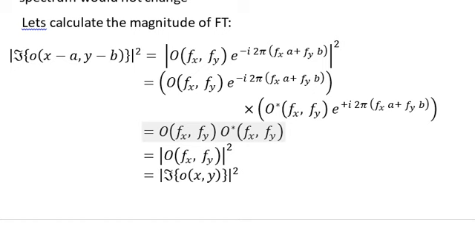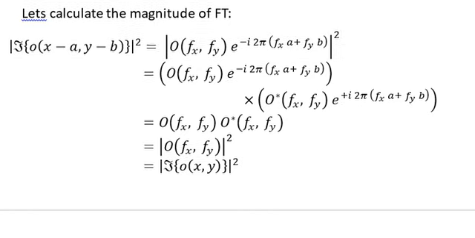So the shifted and the unshifted object have the same absolute values of the Fourier transform. But if you don't take the absolute value, what you get, according to the shift theorem, is that the Fourier transform of the object will be multiplied by this phase factor, which we have represented as e to the power minus iota 2 pi (fx into a plus fy into b).